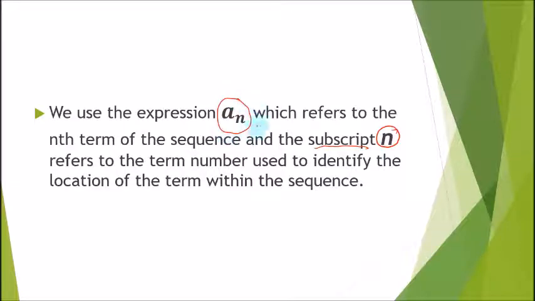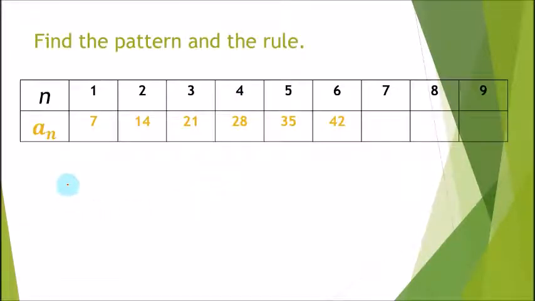Okay, so let's have this example. Find the pattern and the rule. Now, we have here the n, and we also have the a sub n. Our n is the term locator or the term number.